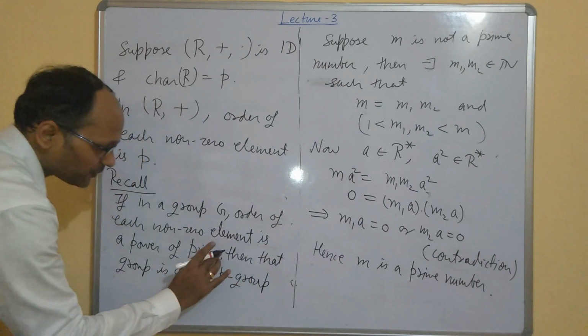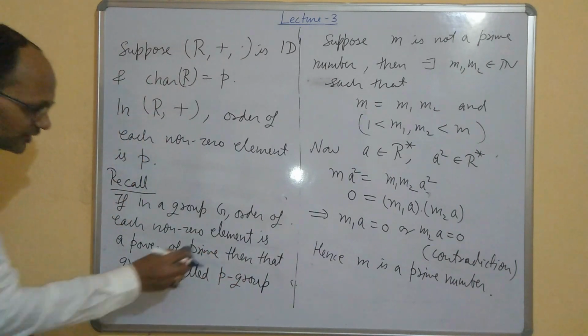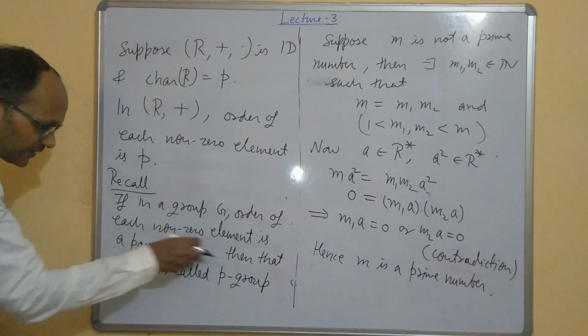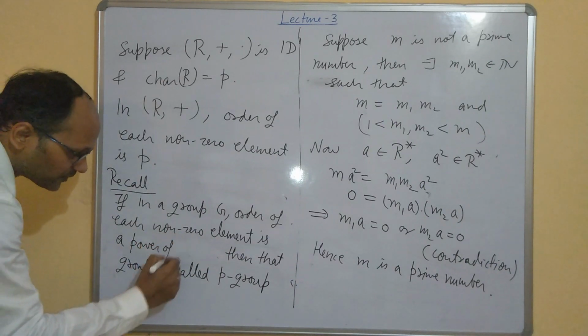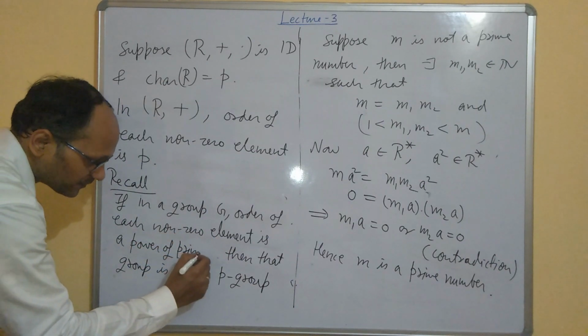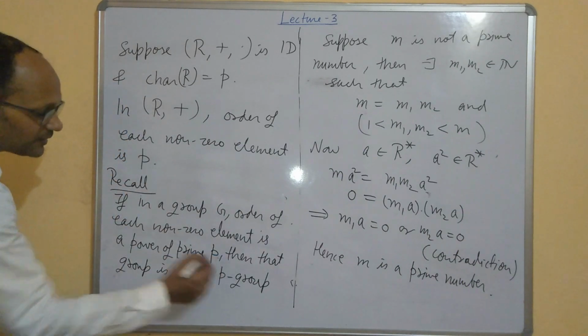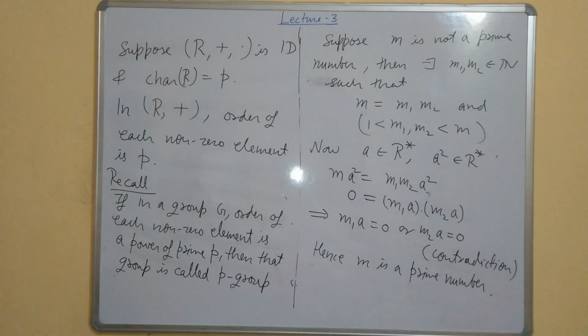So I am taking the prime to be p. The order of each non-zero element is a power of prime p, then that group is called a p-group.